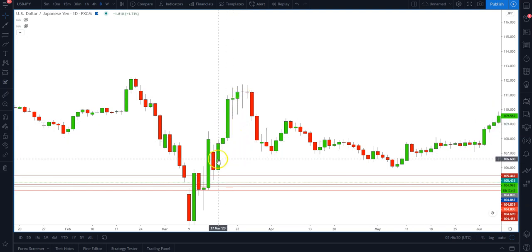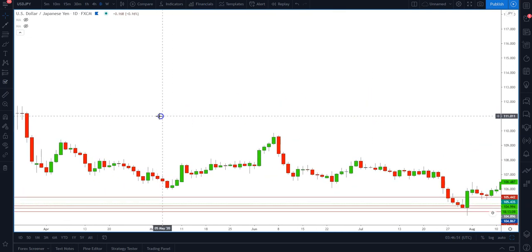So it kept shooting up until it got stopped. So now when you see something like this, you kind of have to step back and ask yourself, okay, what's going on? Is it going to continue or is it going to reverse? I'm going to show you in the next video what patterns to look for as reversals. But for right now, we're just going to focus on the dojis. Got stopped in its track, got shot down.